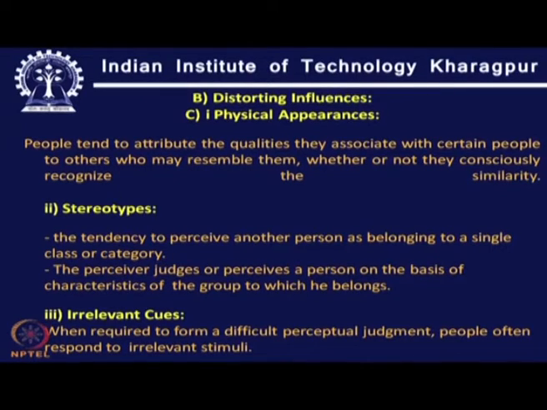Again, irrelevant cues: sometimes while we are making a difficult judgment, a very complex judgment, we give importance to irrelevant cues and irrelevant stimuli. This you can often observe when people are critical about certain things in the organization or about a certain person, or when there is a conflict.